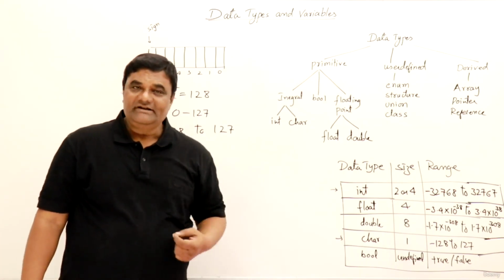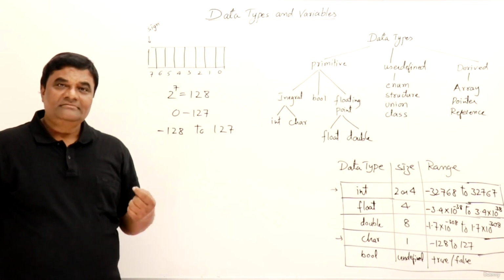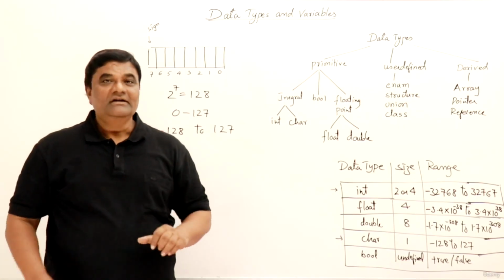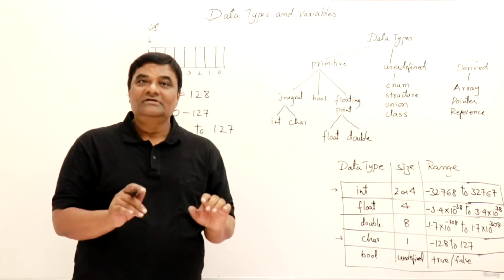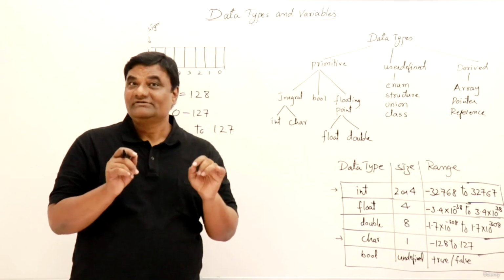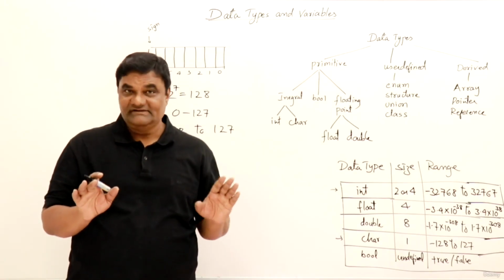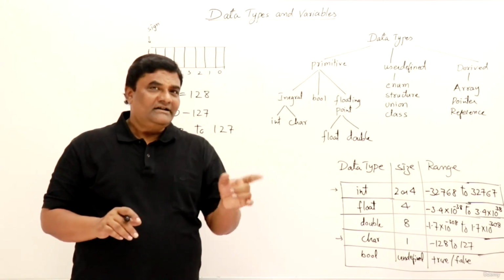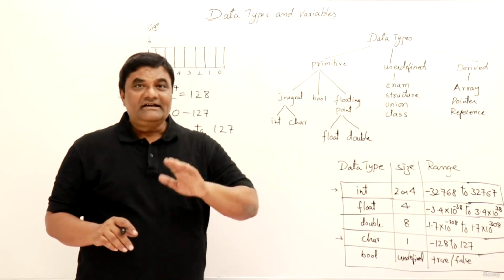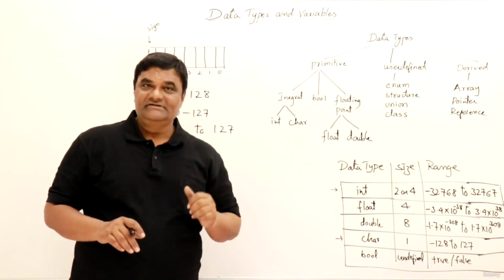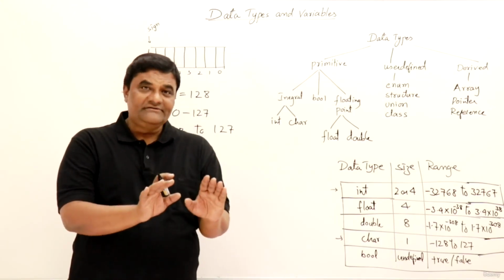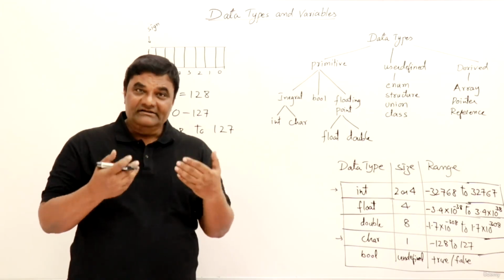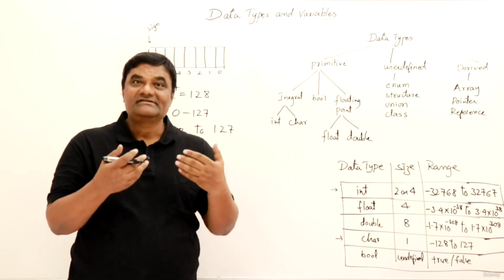Now let us come to the point. How come a character is a number? See, the computer works on the binary number system, that is zeros and ones. They understand only zeros and ones, nothing else, right? Then how to represent a character? Character should also be represented in zeros and ones. And those zeros and ones, we understand as the decimal number system, as numbers.